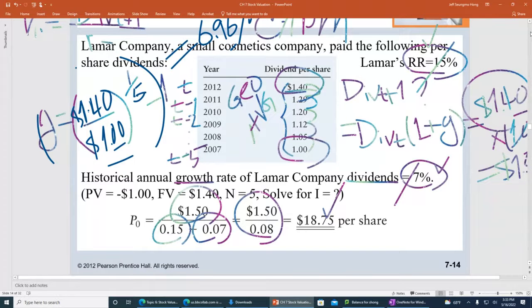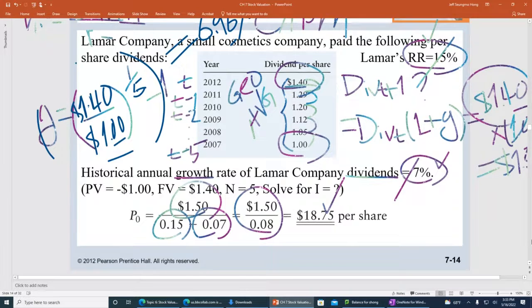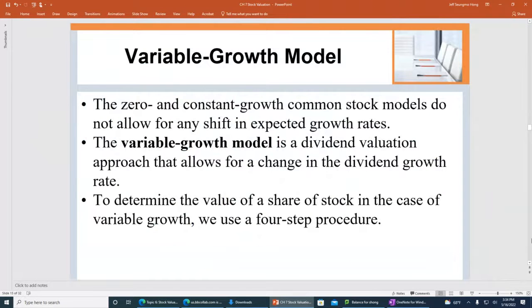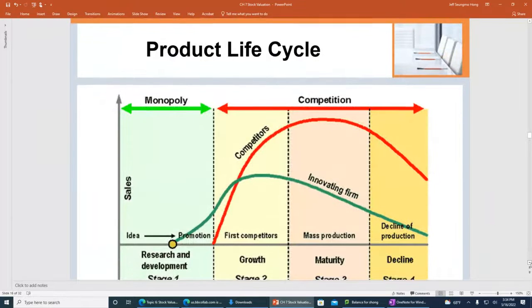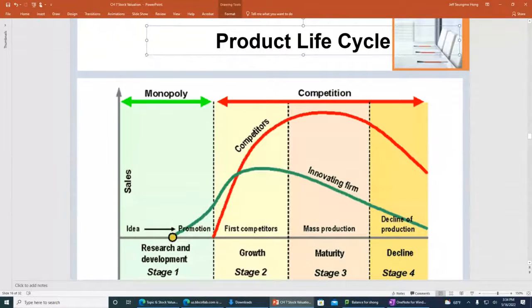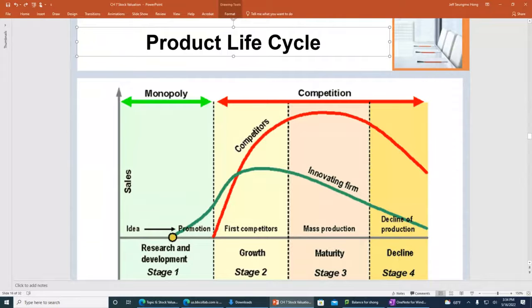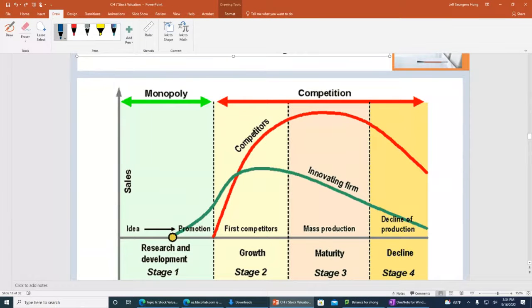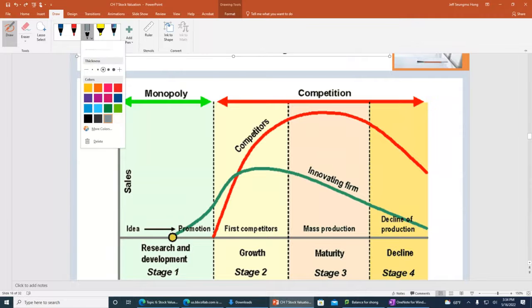That doesn't mean that the growth rates are random. I mean, sometimes high, sometimes low, sometimes high, sometimes low. No, not in that wacky motion. But there is a very well-known stylized theory about the product life cycle.